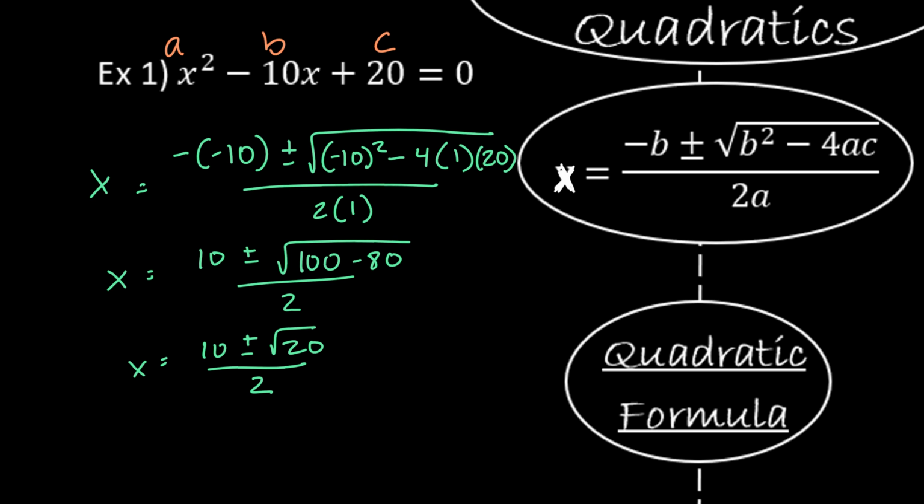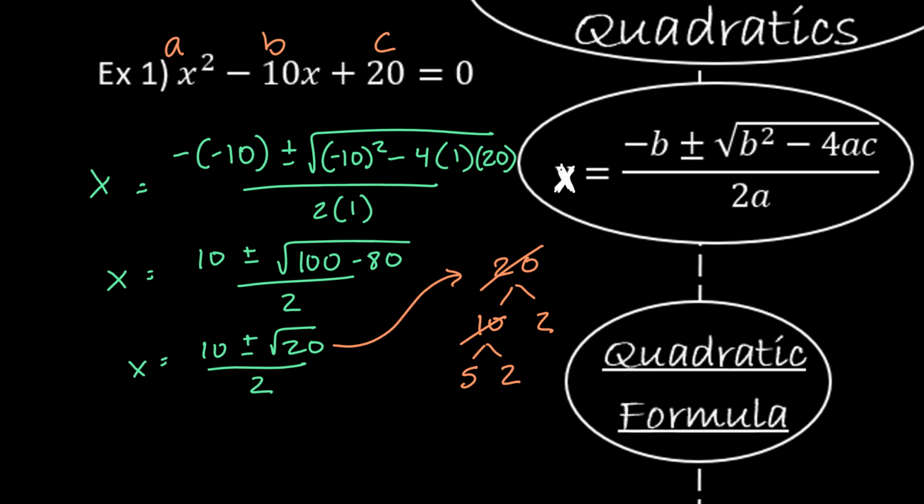Now, do you think I want you to leave it like this? What do you think I want you to do? Simplify that square root 20. So, over here, what does 20 split into? 10 and 2. What does 10 split into?